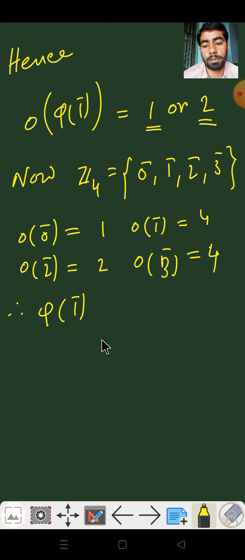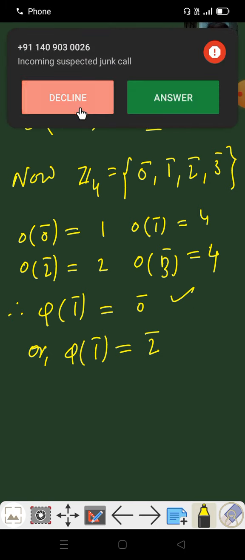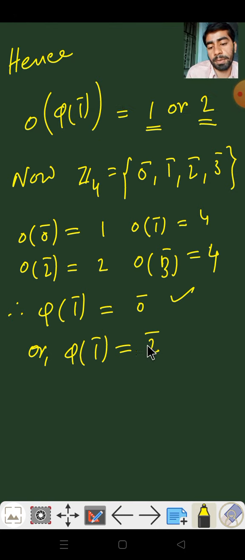Therefore phi of class 1 will be either class of 0, or class of 2.